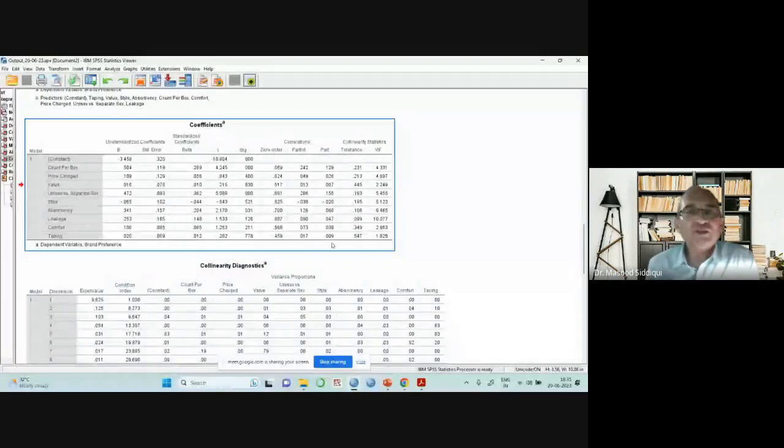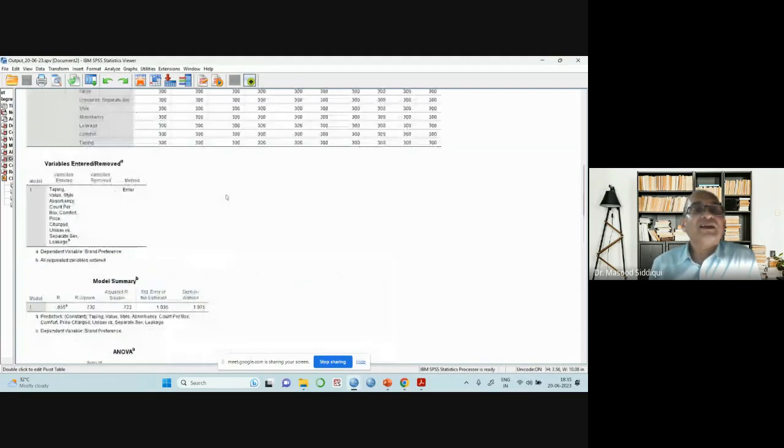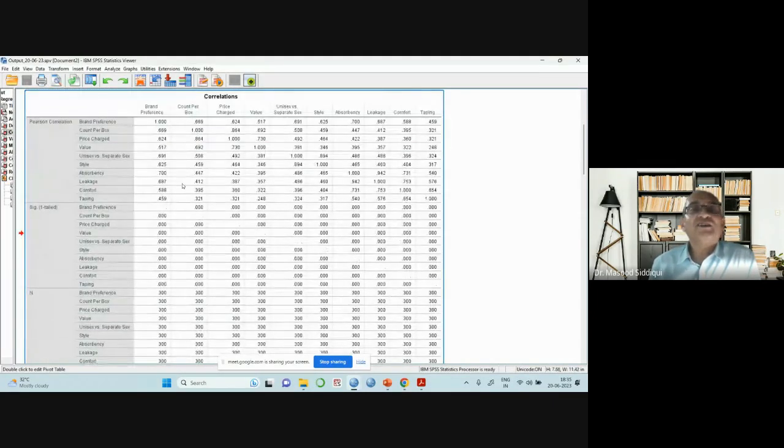Now, if you look at the coefficient table, here we have the correlations. As you see, the correlation coefficient between price charge and the value is 0.73, a big value. Between price charge and the count per box it is 0.864, a big value.